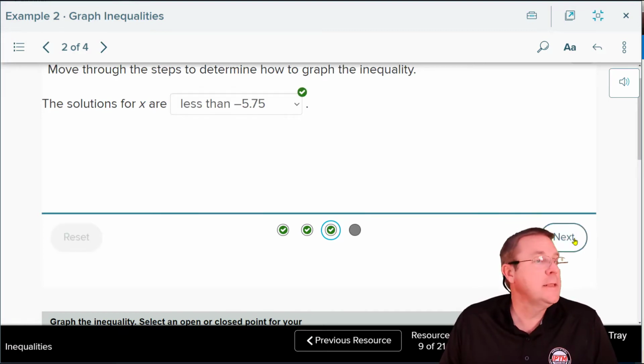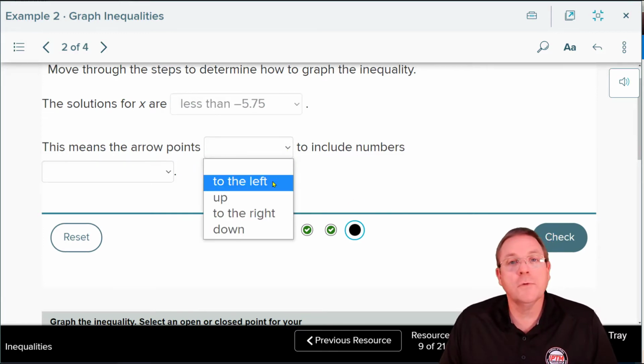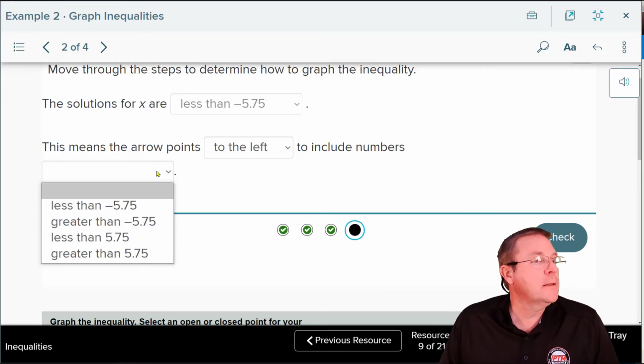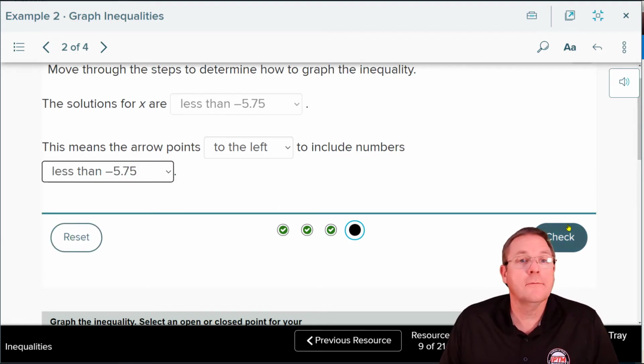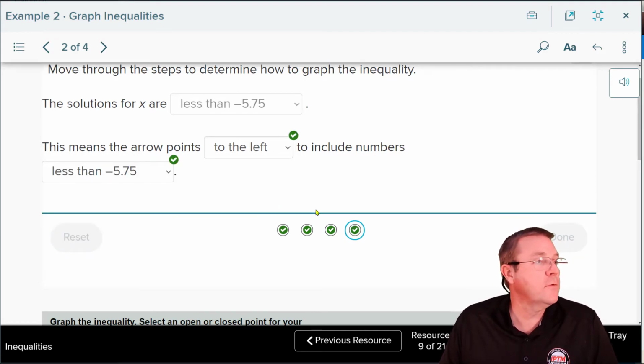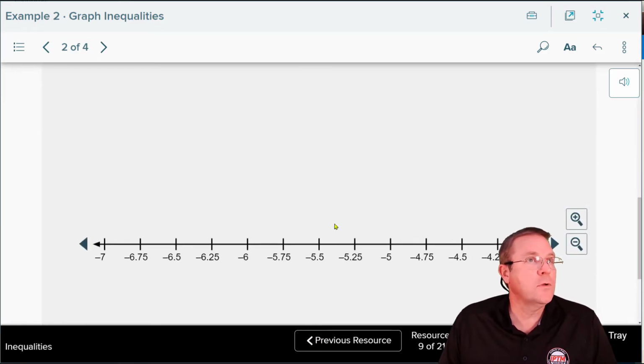Check that. From there, the arrow is going to point to the left, and it includes the numbers that are less than negative 5 75/100.